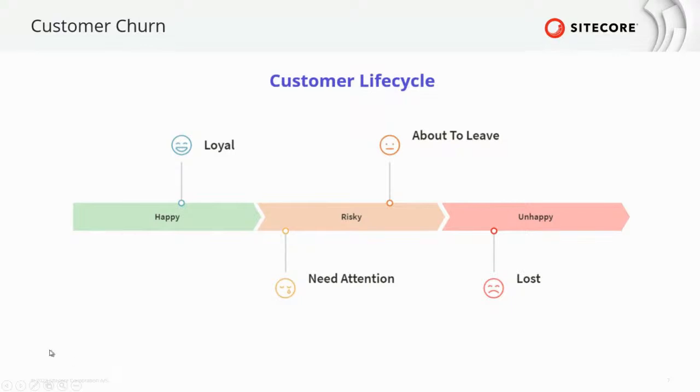Let's take a look at the life cycle of our customers. Initially, the customer is satisfied and engaged with our services. But over time, they lose interest, and at some point, they start considering leaving us, and eventually we lose them.